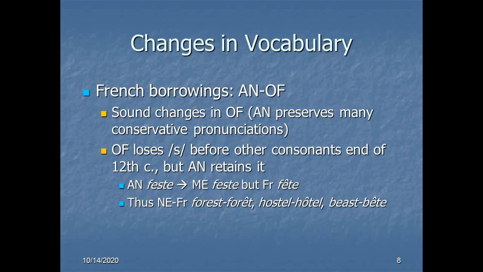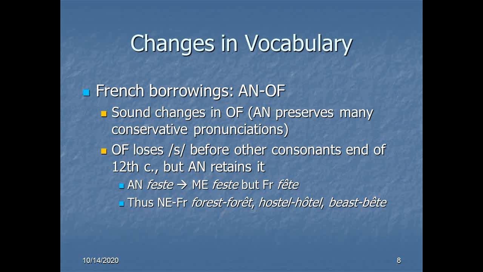To put this in a concrete context, Old French on the continent, by the end of the 12th century, has lost the s sound when it occurs before other consonants. So the modern English word feast, which comes from Middle English feste, is a borrowing from Anglo-Norman feste, which in turn retains an earlier pronunciation from Old French.